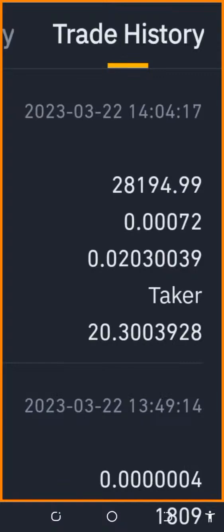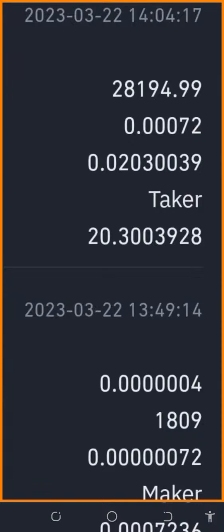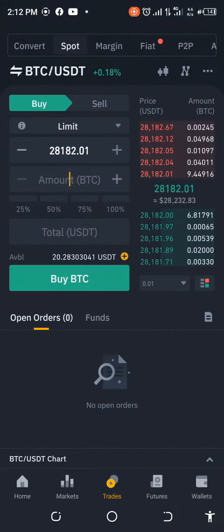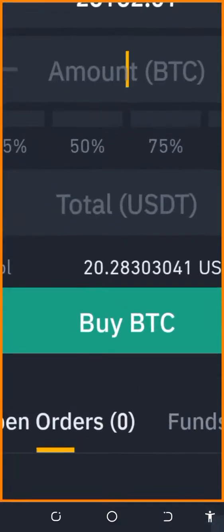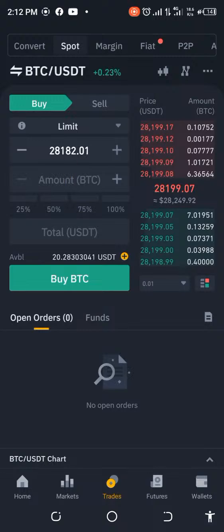That's the reason why the total USDT plus the fee was 20.30, but when they took out their 2 cents, what we have here is 20.28. So just remember that the fees were taken out initially. BTC USDT didn't attract any fees, but now the fees are back.